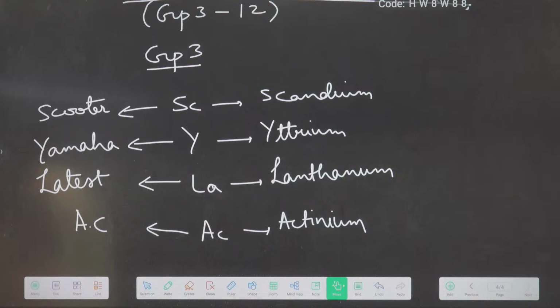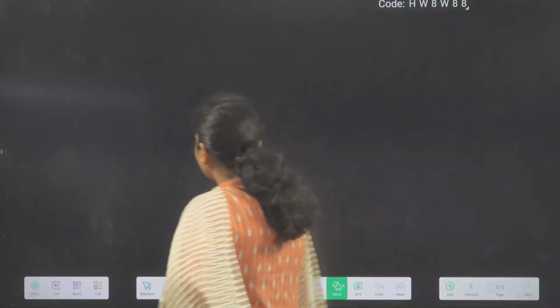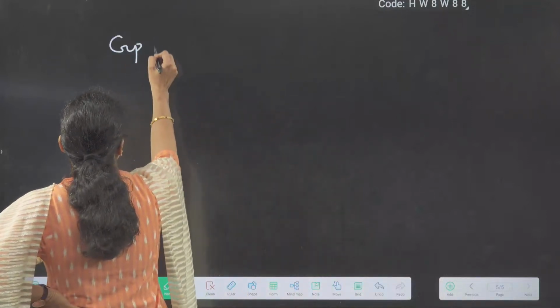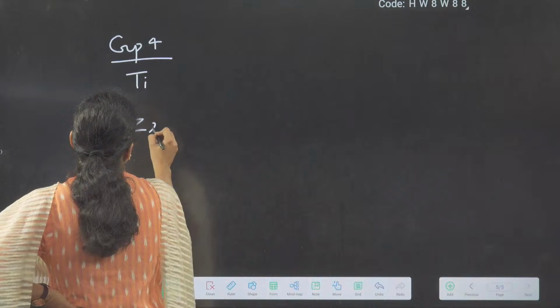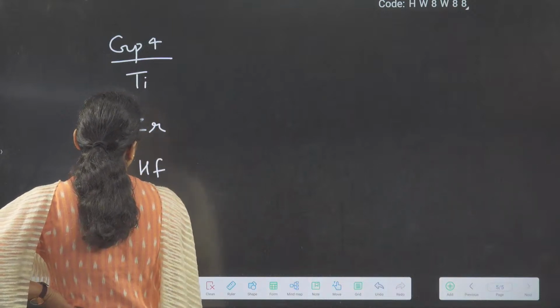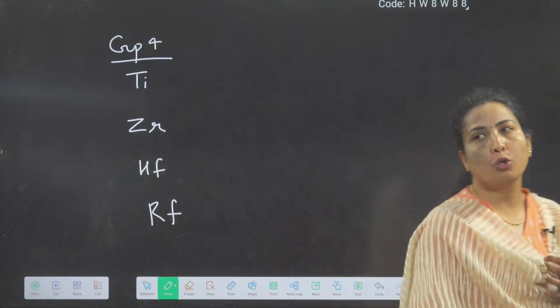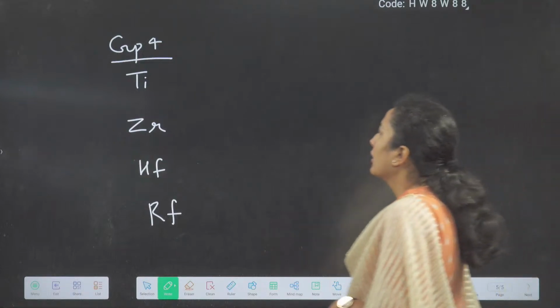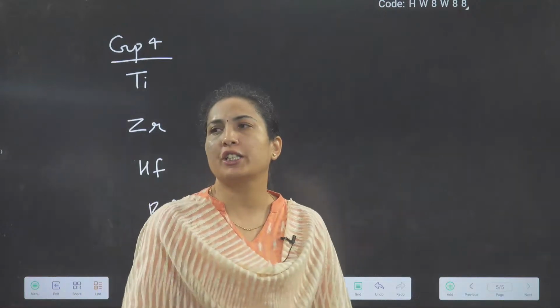It could be anything. Lucky has written a mnemonic, Sinchans, Yak, Lily acts nice. Why nice? It can be any mnemonic which you remember. There's no compulsion there. Then, group 4. Now, Ti stands for which element here?